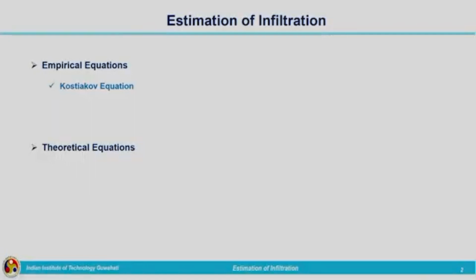First is the Kostyakov equation, then the Horton equation and the Holtan equation. These are the three empirical equations we will see in this lecture. Coming to theoretical equations, which are developed based on the fundamental laws, one is the Green-Ampt equation and the second is the Philip equation, which we will see in the coming lectures. So let us start with the empirical equations.